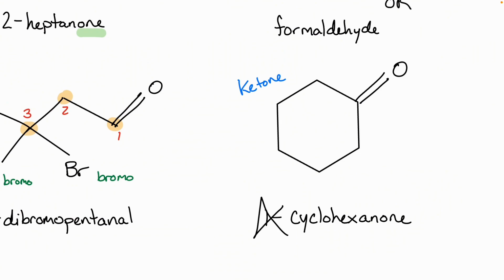Okay, we don't have to put the location. No, right? Because on either side is necessarily going to be another carbon if it's on a ring like that. Yeah, there's no cyclohexanal. You can't have it.